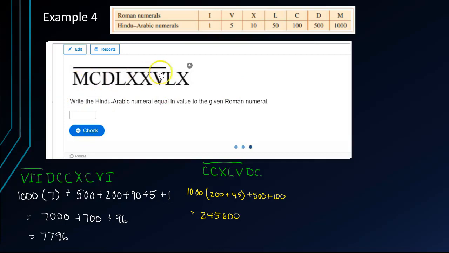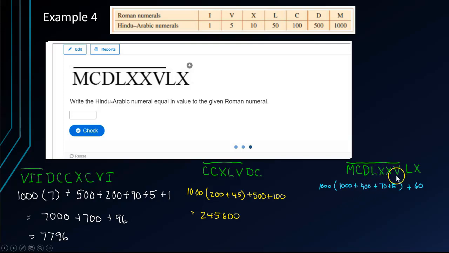This one here has quite a bit underneath the bar. So all of this, however, except for the C and the D, is not in decreasing order. This C is coming before the D, so that means I'm going to be taking 100 away from this 500. So I have 1,000 plus 400. This is 70.